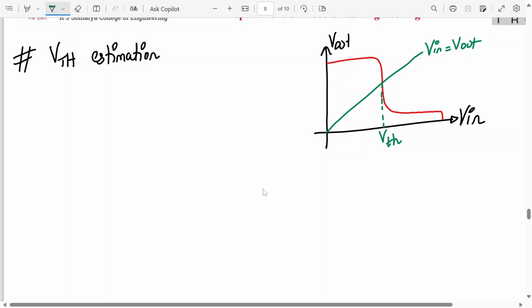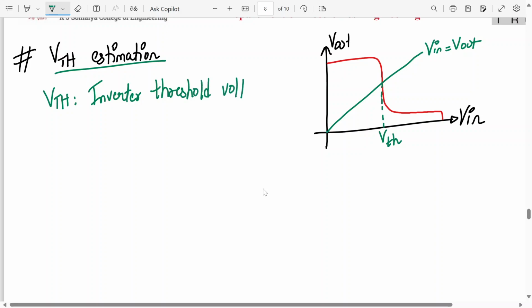So VTH is called the NMOS resistive load inverter threshold voltage.